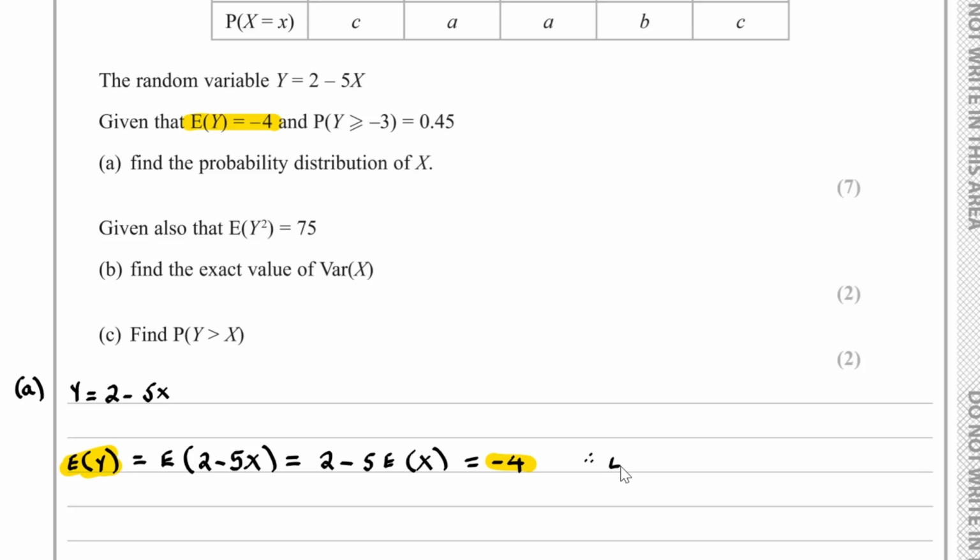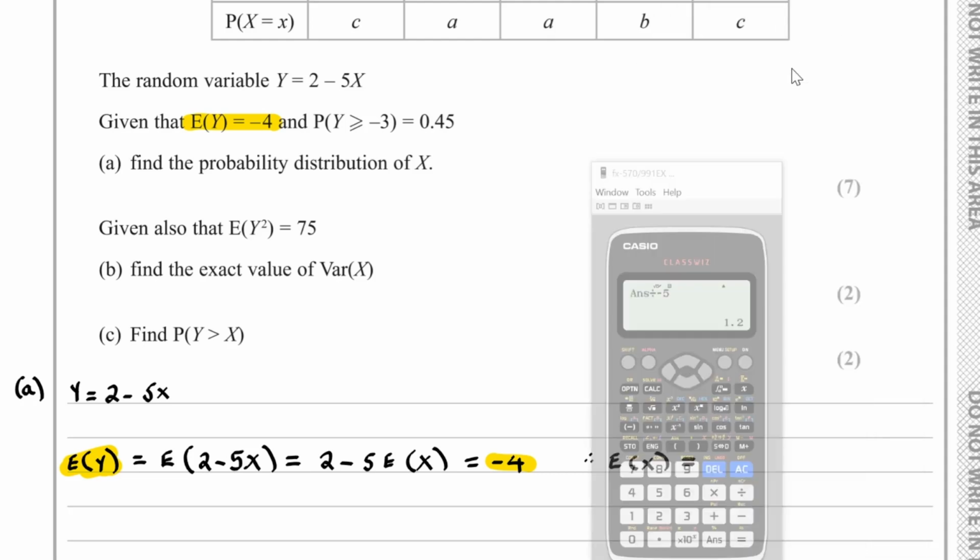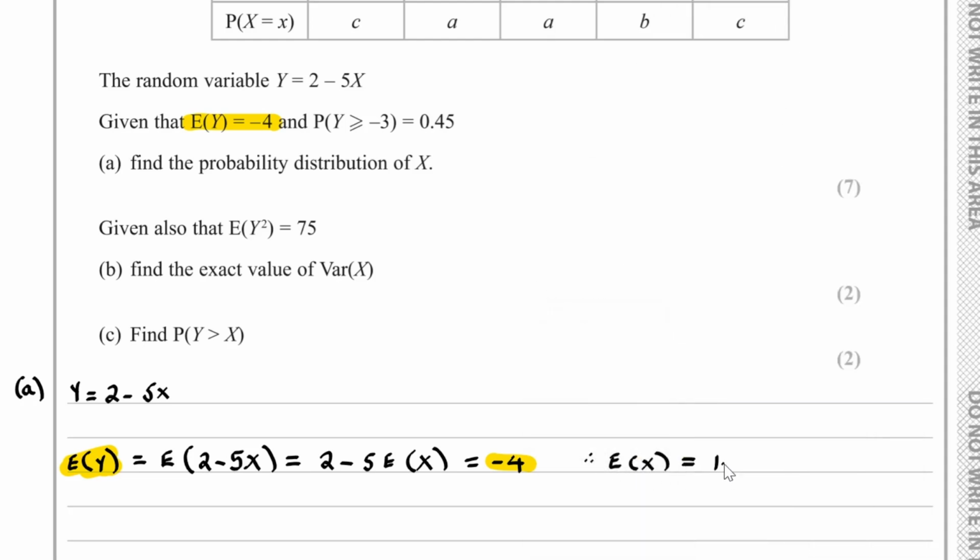If we add 2 to both sides and then divide by minus 5, we have minus 4 minus 2, and then dividing this by minus 5, we end up with 1.2. So the expected value of x is equal to 1.2.